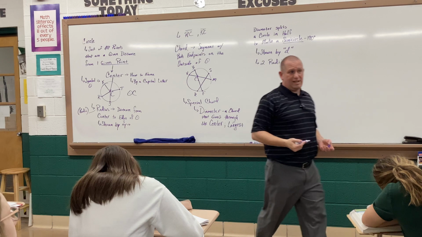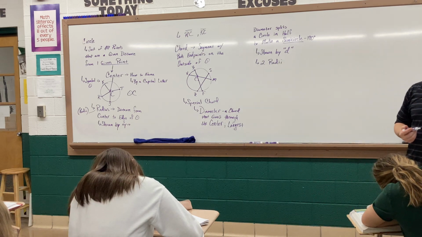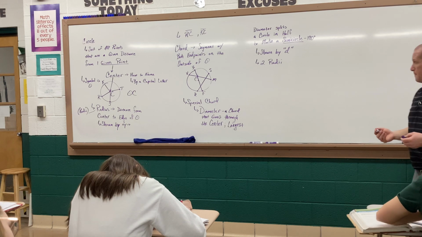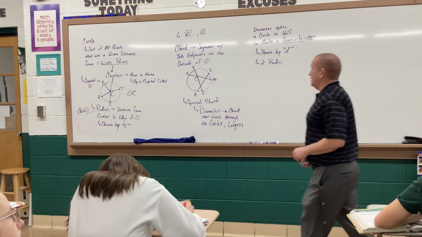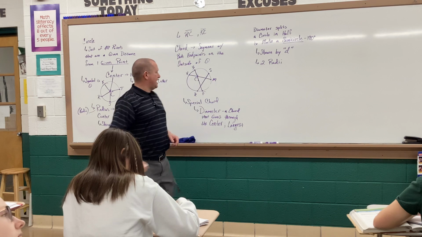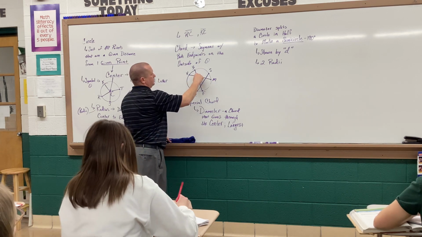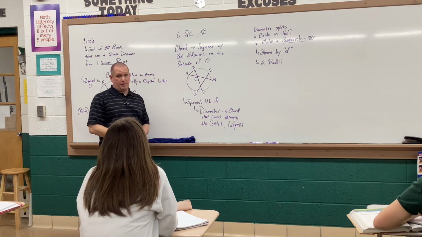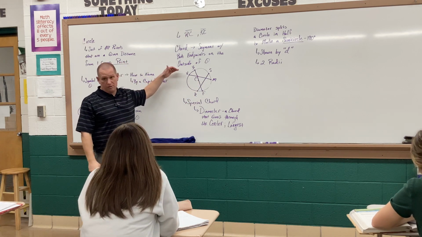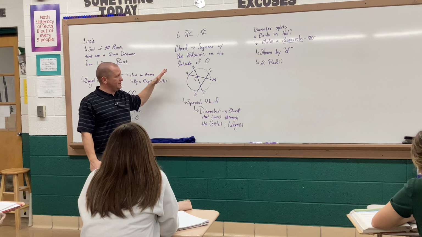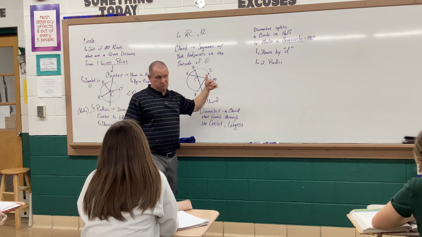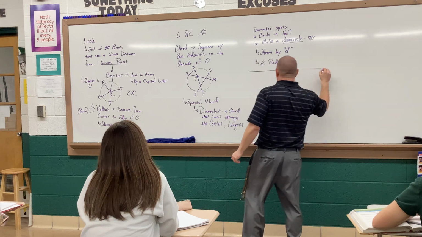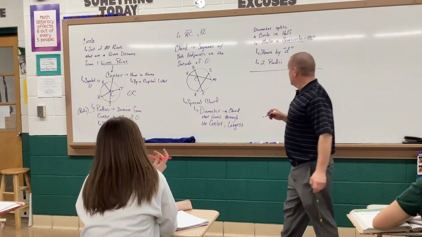So if it's 2 radii, I know that 1 radius is half the diameter, as long as it's a radius, okay? So people are going to get going really fast on the quiz and the test, and they're going to start flying through this, and they're going to say VM is a diameter, and we're going to say that that's wrong, right? VM is a chord, not a diameter. Good enough? Because the diameter has to go through the center, exactly right.